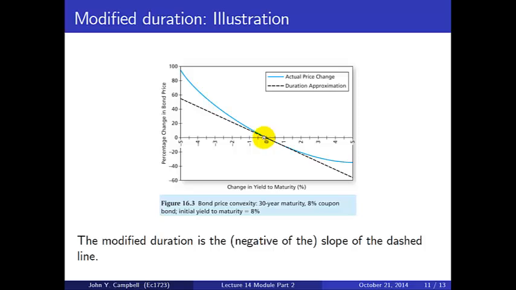So for both reasons, the modified duration of the bond is going to increase as the yield falls and decrease, flattening out this curve, as the bond yield increases. So over large intervals where interest rates are moving a lot, we need to take account of the fact that the modified duration itself is changing. But for small changes, we can ignore that.